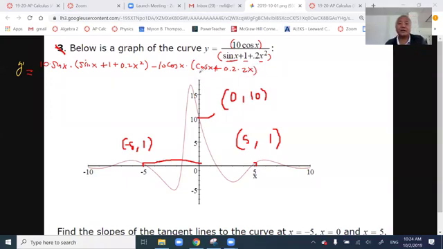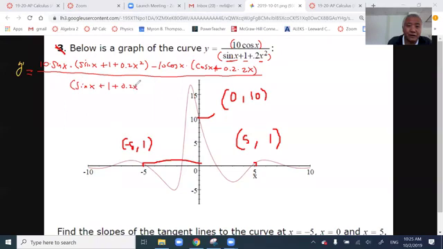Then you divide it by the denominator squared. This is sine x plus 1 plus 0.2x squared, and the squared like this. Don't forget the squared there.